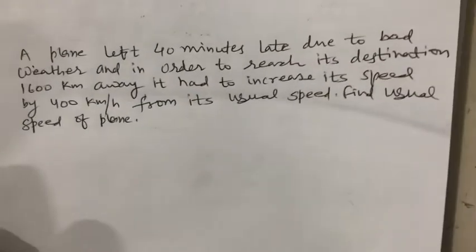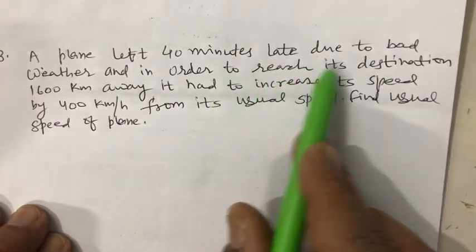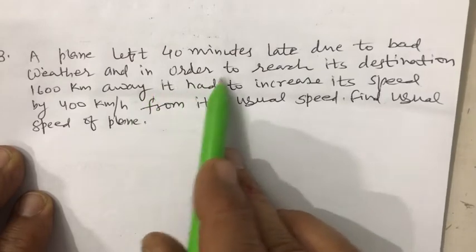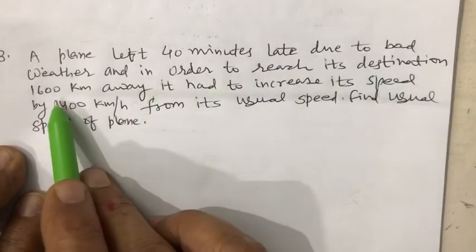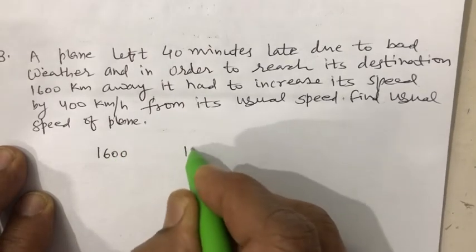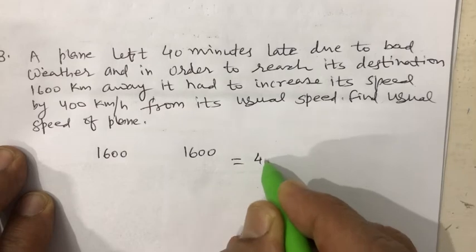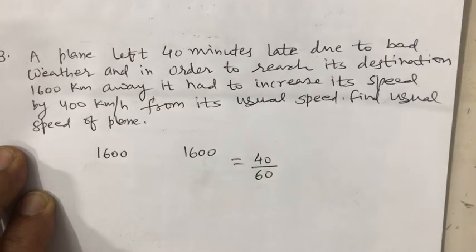So remaining steps for you. One more question of the same pattern. A plane left 40 minutes late due to bad weather, and in order to reach its destination 1600 kilometers away, so 1600 kilometers away, and the time difference is given 40 minutes, that in hours we write as 40 by 60.